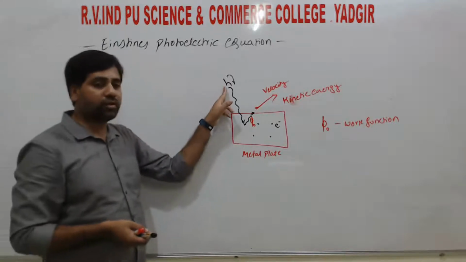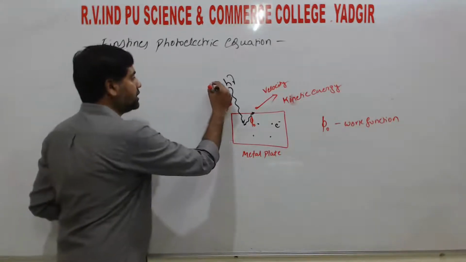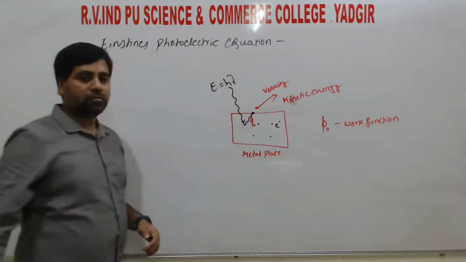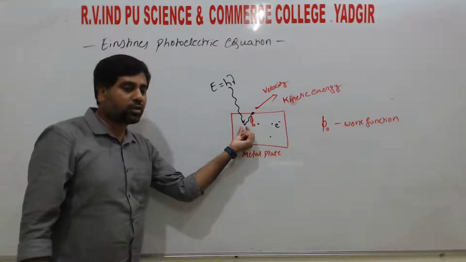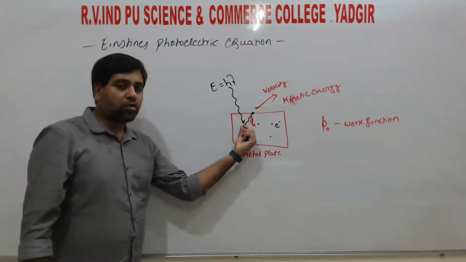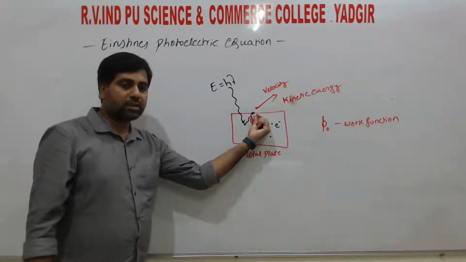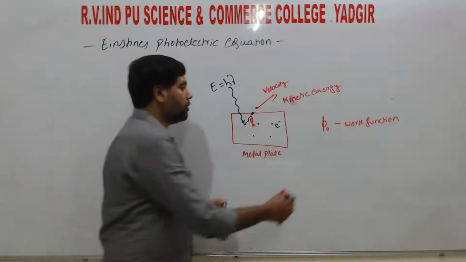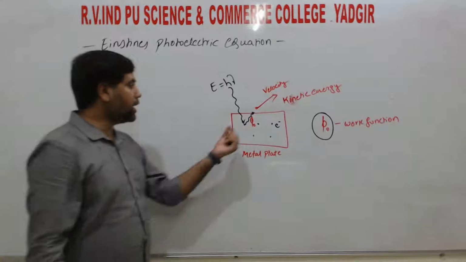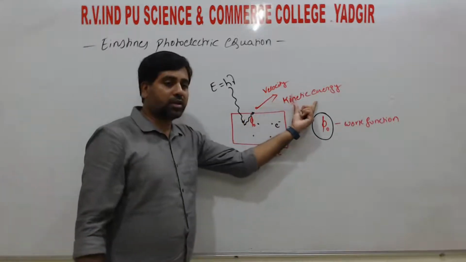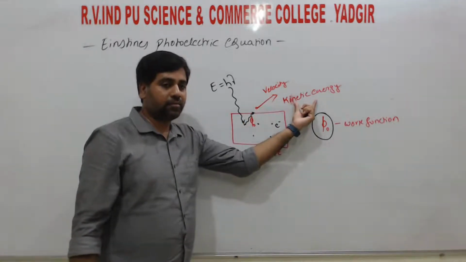So here h nu is the energy of the incident quanta, right? Out of this energy, some part is absorbed by the electron to escape out from this metal surface, that is phi naught, and the remaining is utilized for the kinetic energy, right?